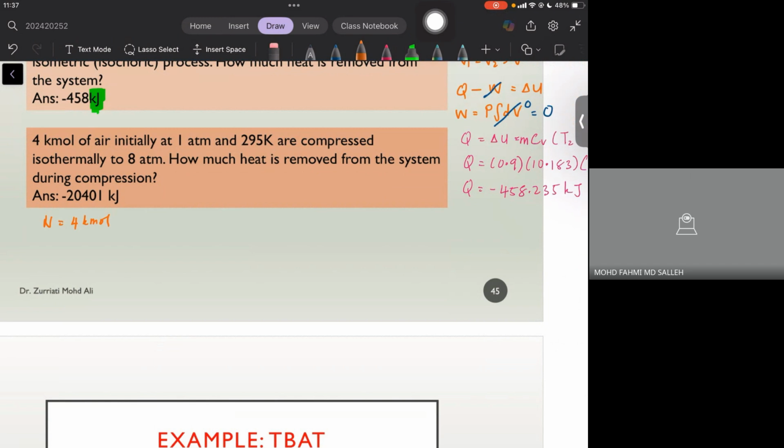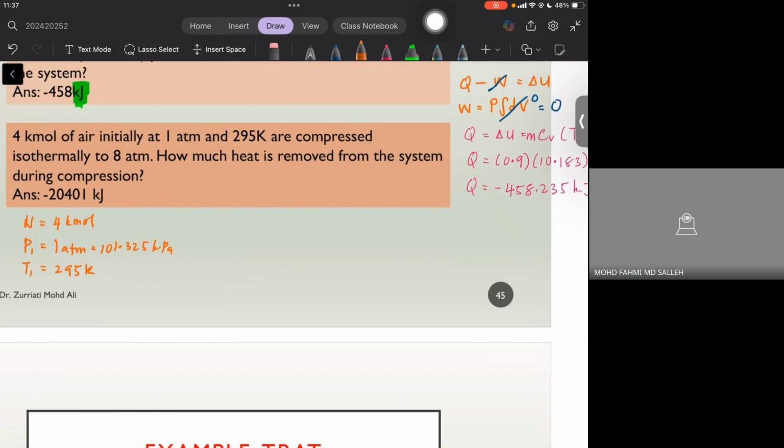The initial condition is P1, 1 atm, which is equivalent to 101.325 kilopascal. The temperature T1 is 295 Kelvin. This is an isothermal process.